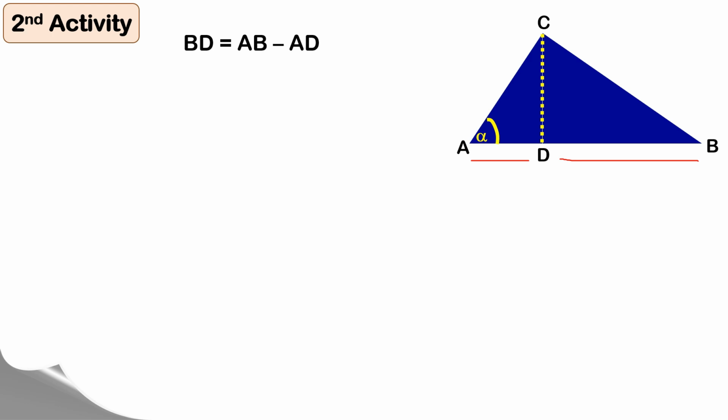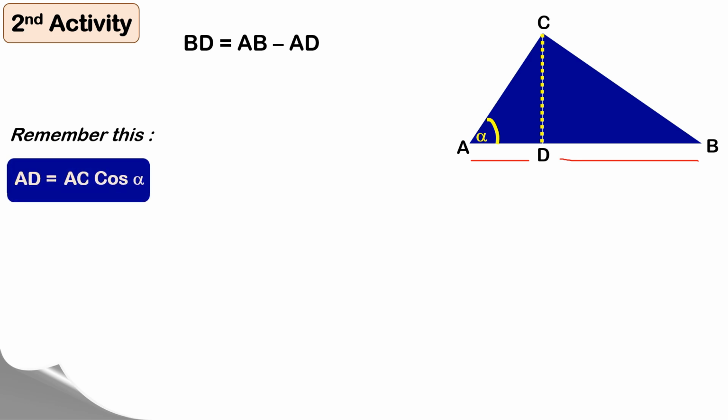Previously, remember, we obtained the equation AD is AC times cos alpha. Then we replace AD with AC times cos alpha, so that BD is AB minus AC times cos alpha.